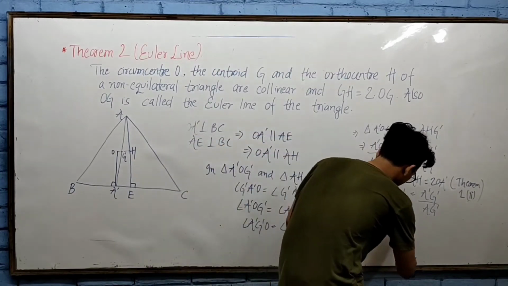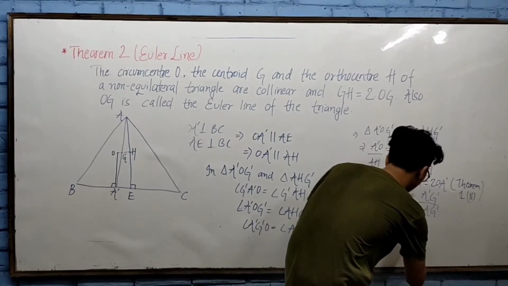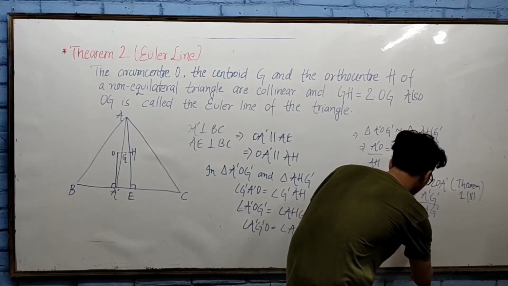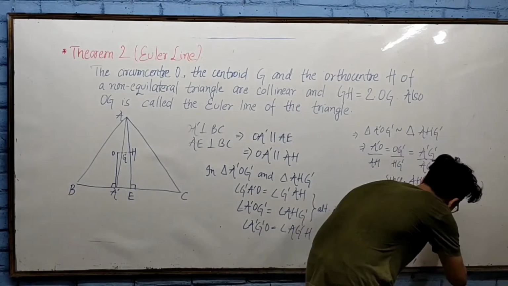From here, AG dash equals 2 into A dash G dash.